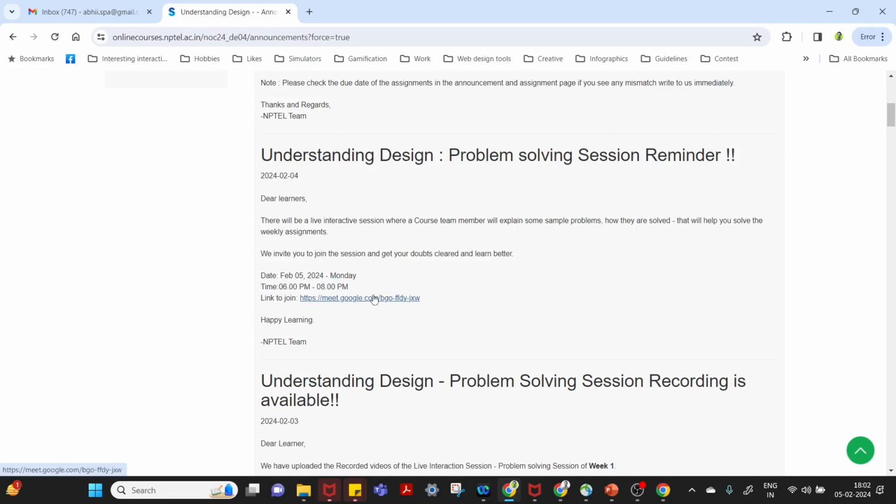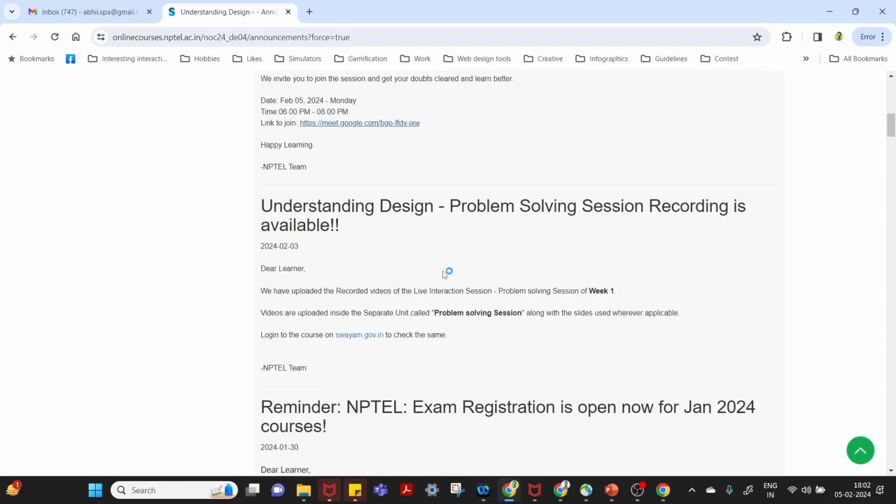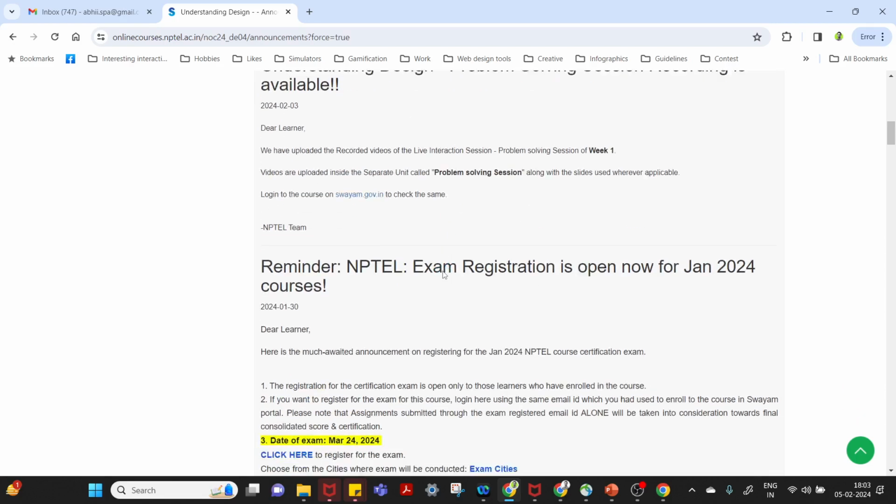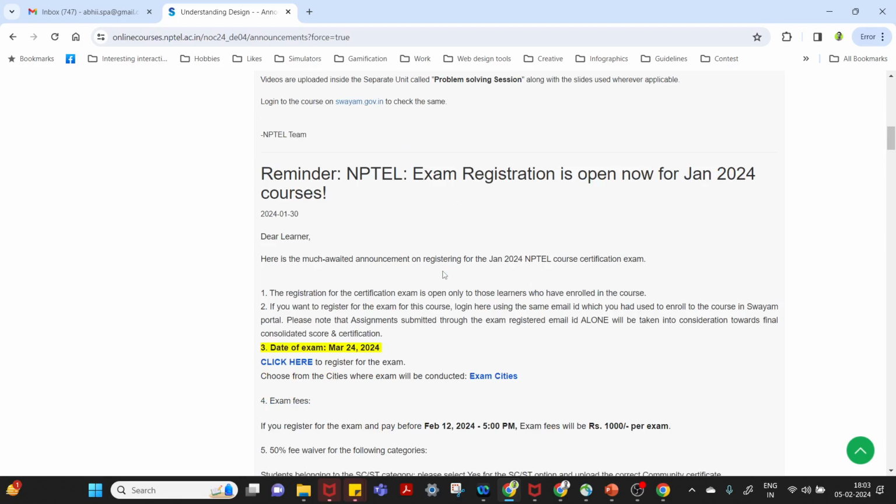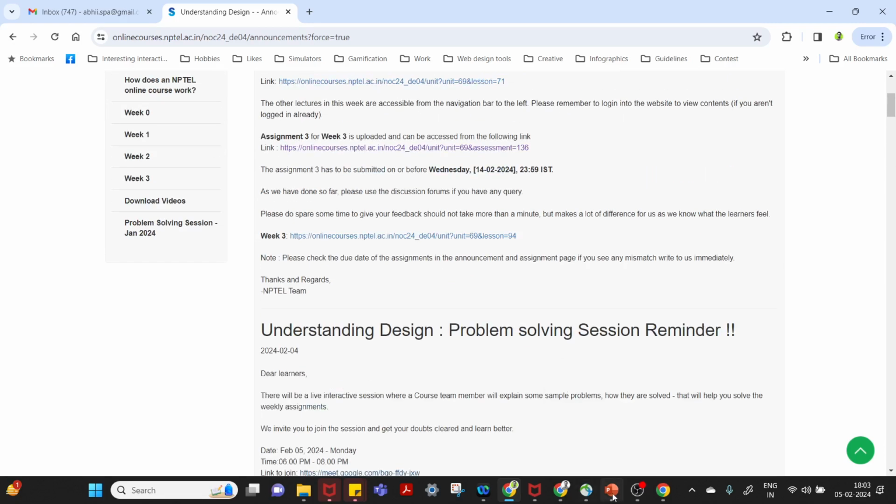Even if you miss the link, you can go through the announcements, or check your Gmail inbox, or whatever mail ID you have registered with. You will get all these announcements there, and you can access the content, assignments, and details regarding the problem solving sessions.